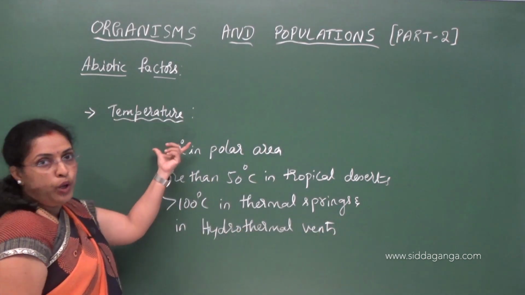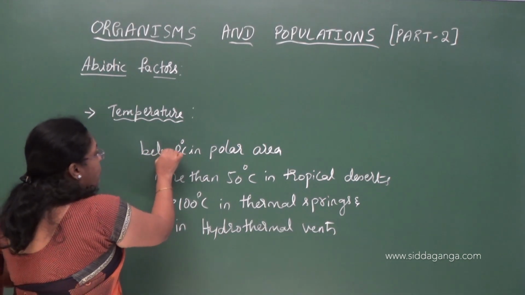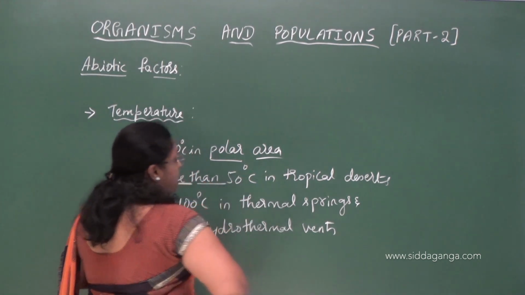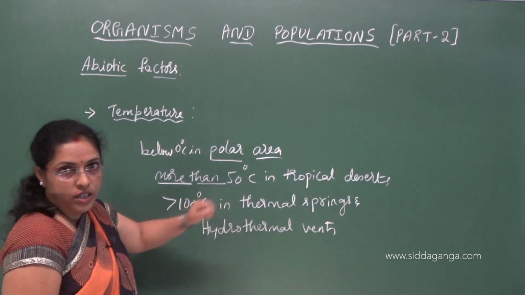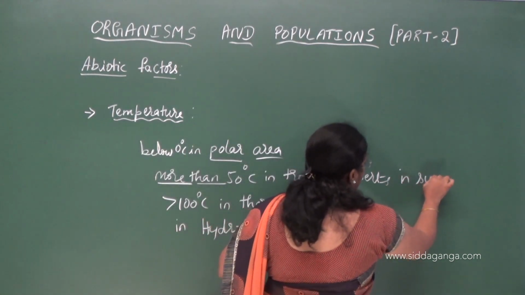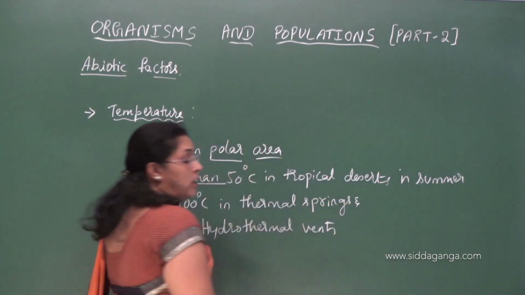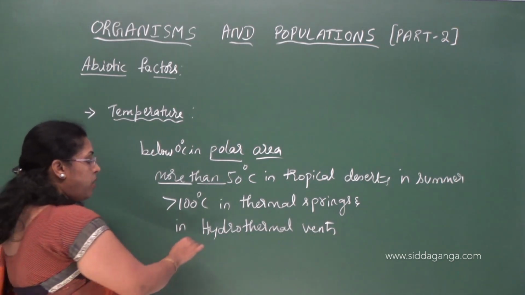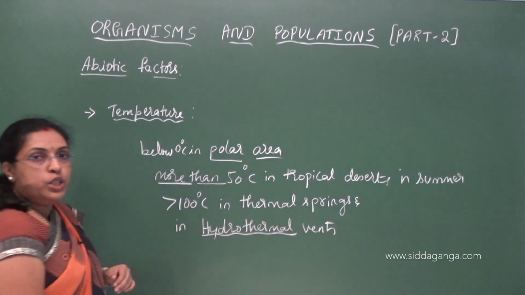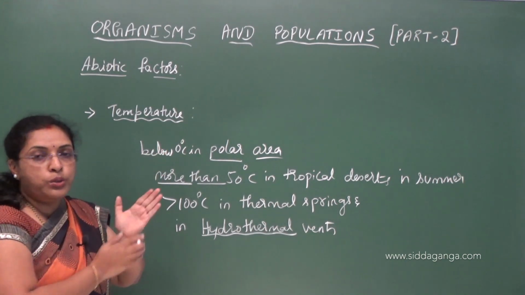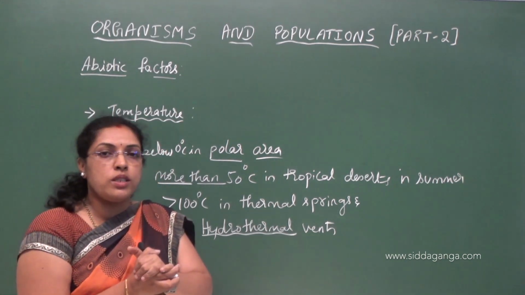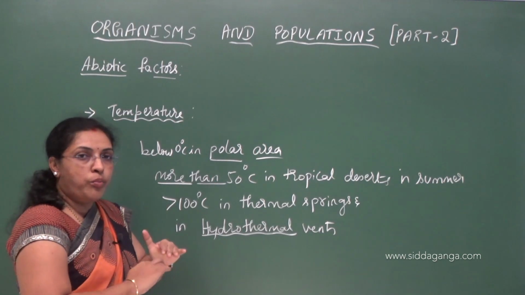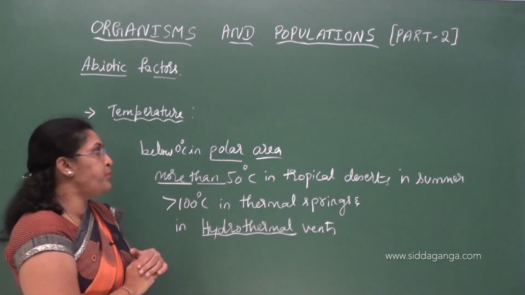So, it may be below 0 degrees Celsius in polar areas, more than 50 degrees Celsius in tropical deserts during summer, and more than 100 degrees Celsius in thermal springs and hydrothermal vents. The temperature also decreases from the equator towards the poles and from the plains to mountain tops.